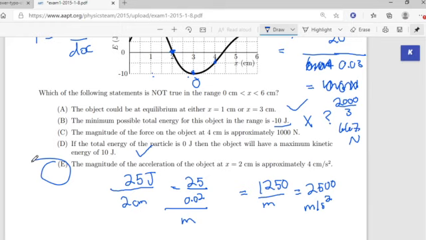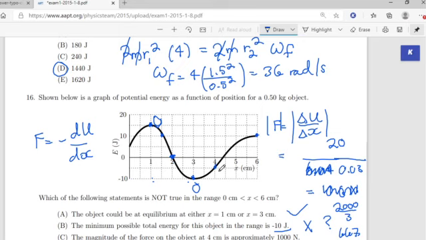So the object at 4 centimeters. Hmm. Slope is about 1. Wait, no, okay, 4 centimeters. So here is 10.